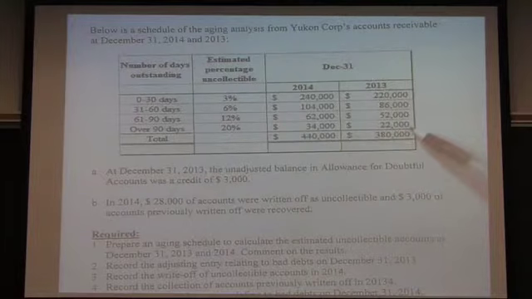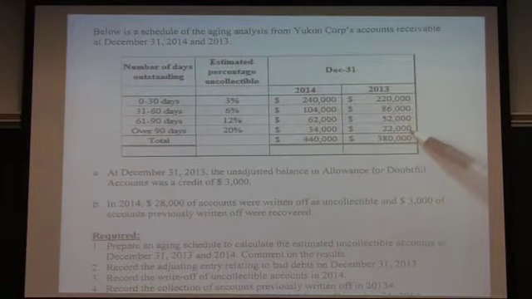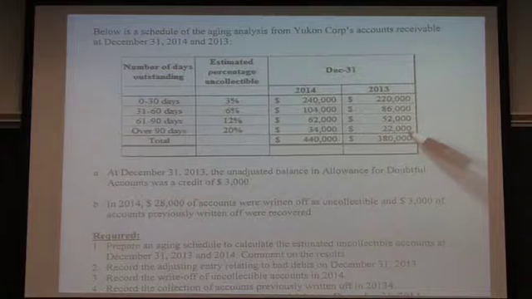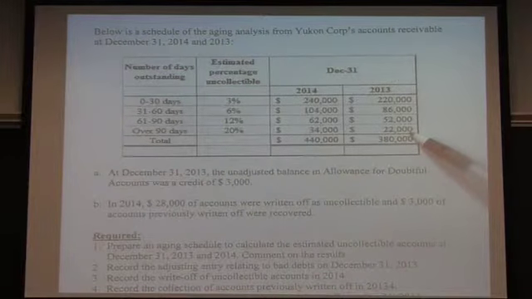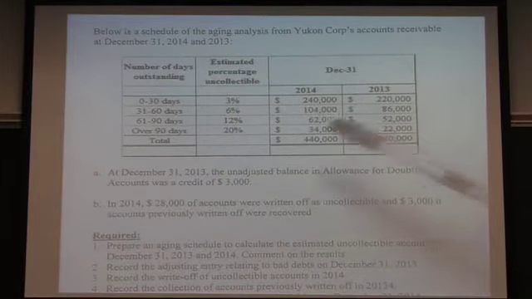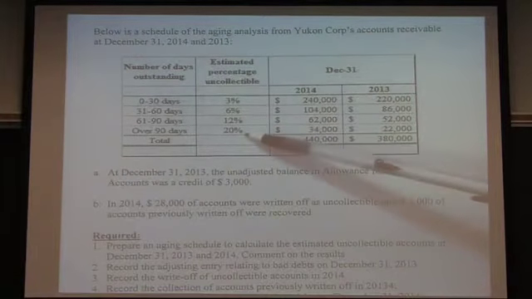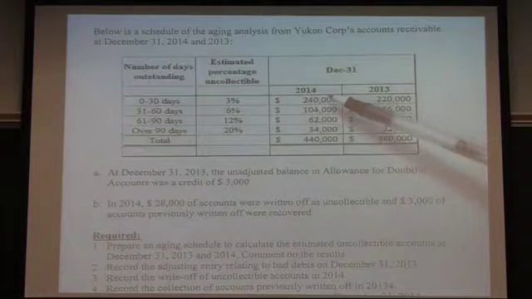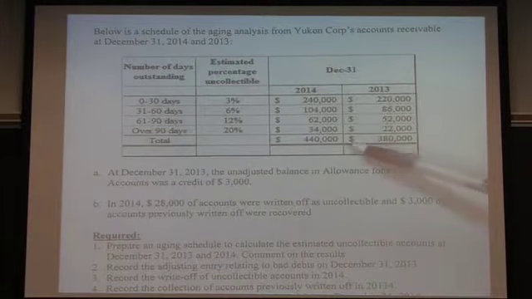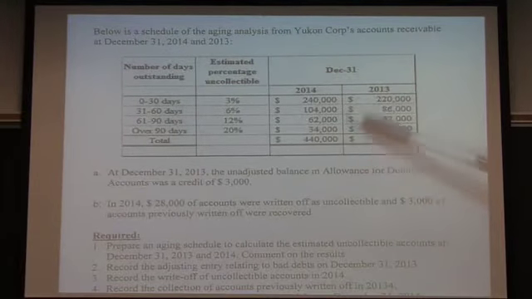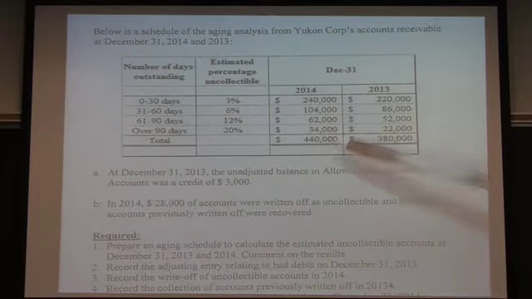Obviously, the longer the aging, the more risk you're going to have in collecting them, and the higher the potential you should provide for the risk of collecting them. So you can see the percentage of uncollectibles is much higher as you go through the aging buckets. In 2014 it's the same thing. They have a total of $440,000 in receivables broken down into various buckets.